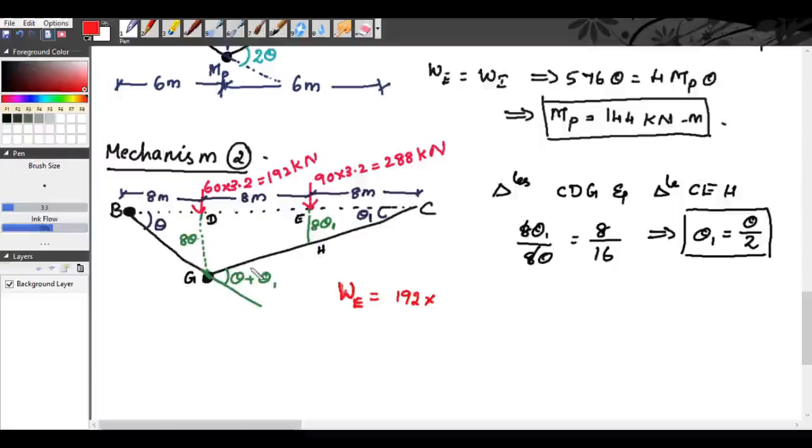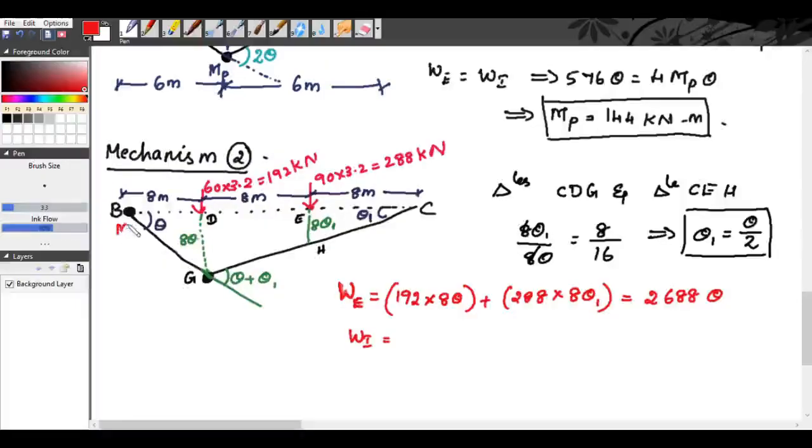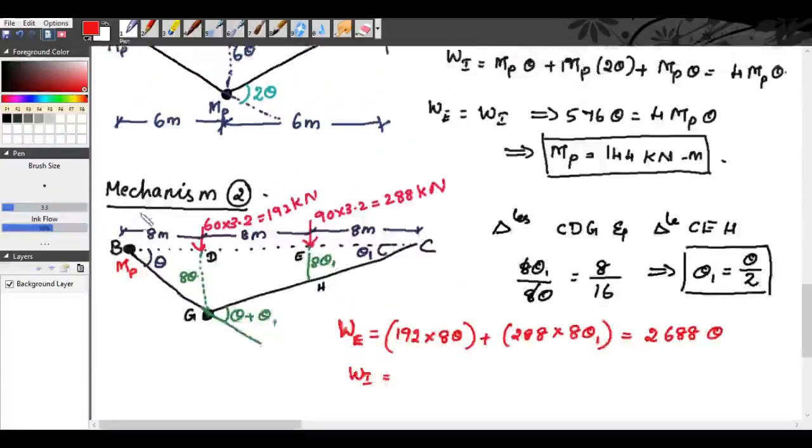So 192 into 8 theta plus 288 into 8 theta 1. So theta 1 is equal to theta by 2. So substituting theta 1 is equal to theta by 2, we get WE is equal to 2688 theta.